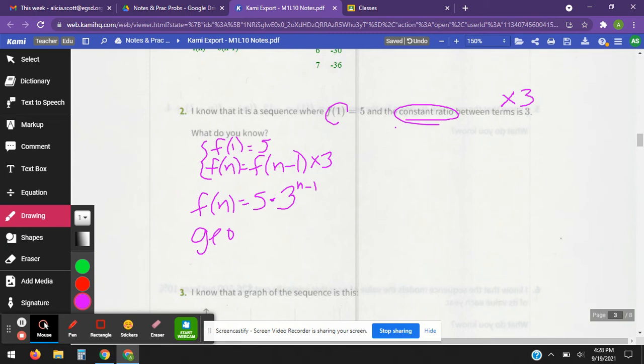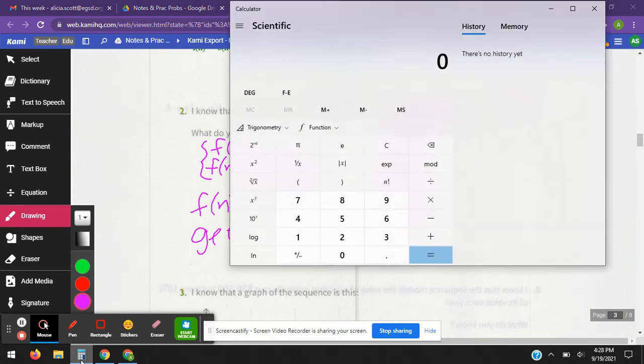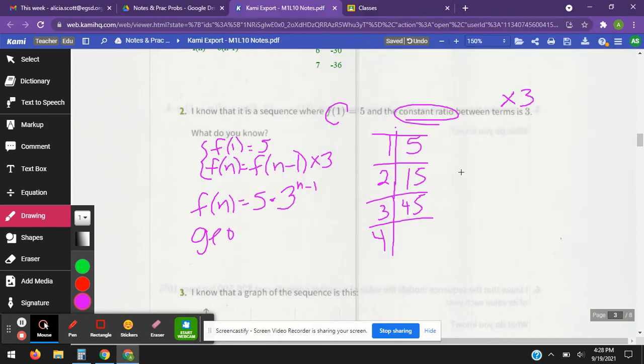And a table would then be: 1 is 5, 5 times 3 is 15, 15 times 3 is 45, and 45 times 3, let me pull out my calculator, is 135.